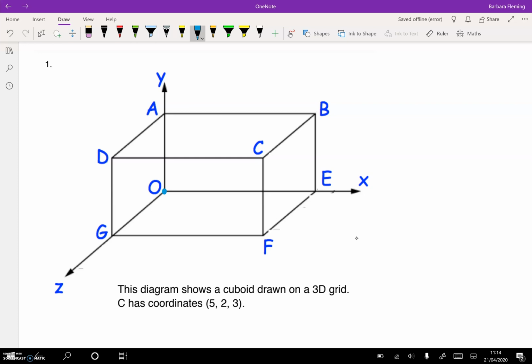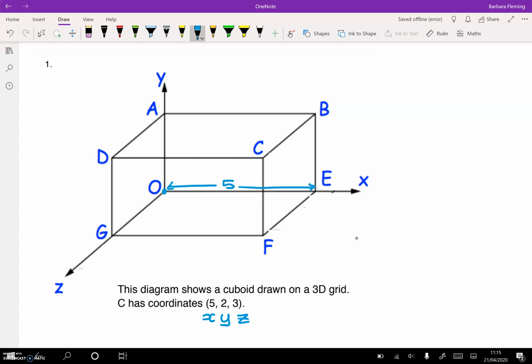C has coordinates 5, 2, 3. So 5 is your x coordinate, 2 is your y coordinate, and 3 is your z coordinate. Starting off from your origin, it means that C is 5 along that x-axis, so from your origin out to the edge of this cuboid, that's going to be 5 units.